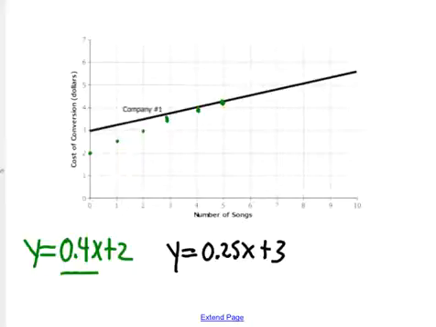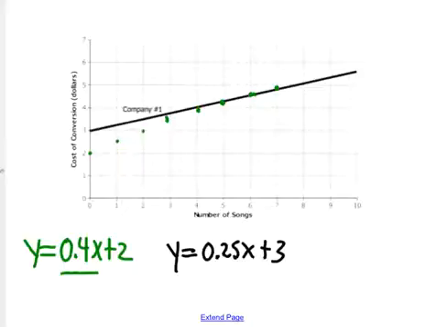At 6 songs, 6 times 0.4 would be, let's see, 2.4, so it'd be 4.4. So kind of there, about halfway on that. In fact, maybe just a tad lower, so maybe it's right, 6 songs, right about there. Actually, it's right about on that line. Okay, and then let's see, if I was to do 7 songs, so it would be 2.8 plus 2 would be up here somewhere.